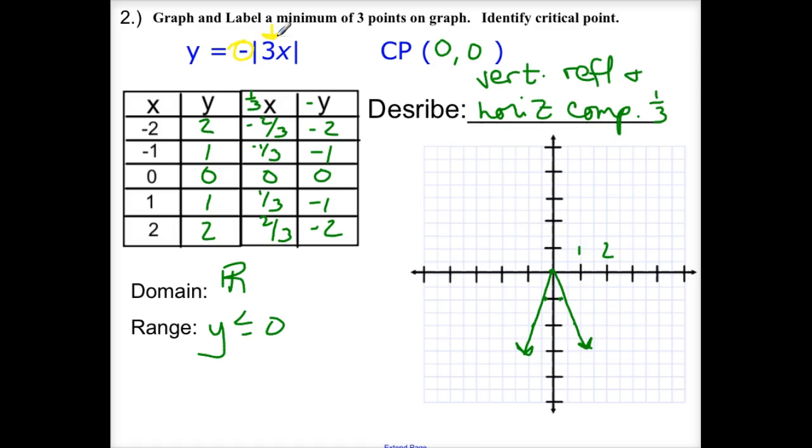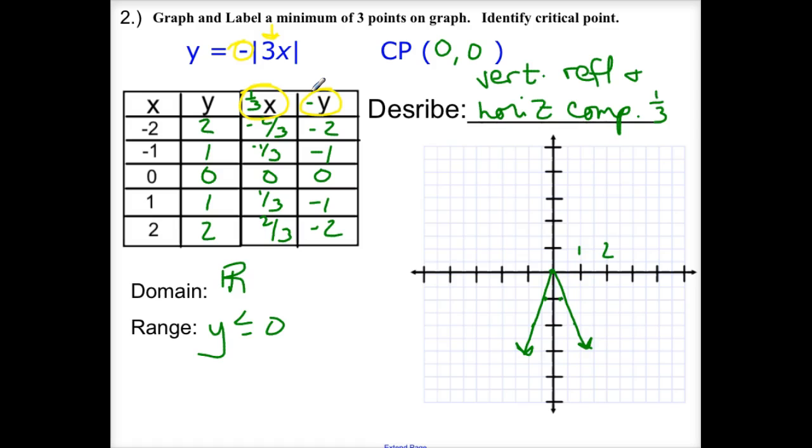The parent function is our absolute value, so that first x, y are for the parent function. And then anytime there's multiplication or reflections, I put those in another column. So our horizontal compression by 1/3 will multiply all of our x values by 1/3, so you can see that in this column. And then the vertical reflection multiplies all of our y values by a negative.